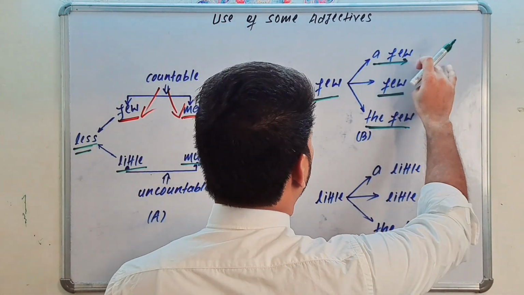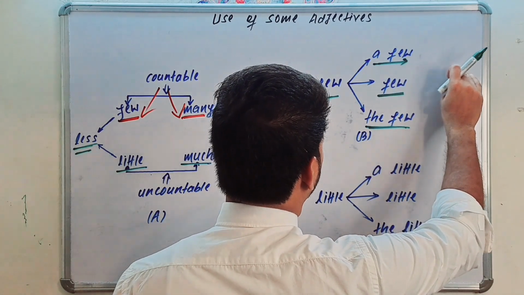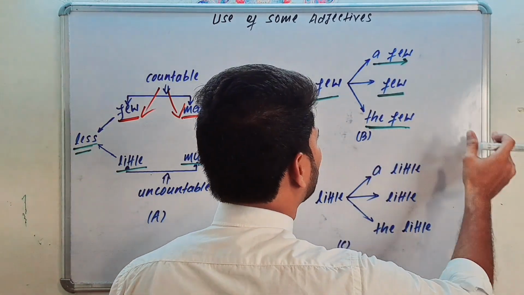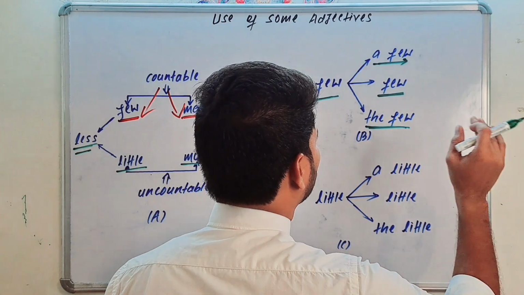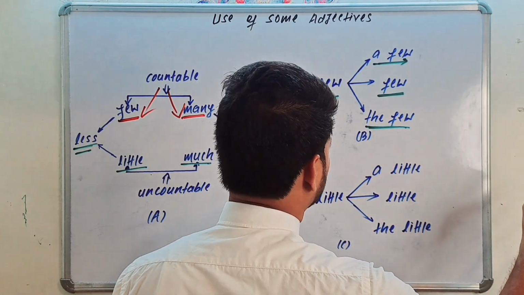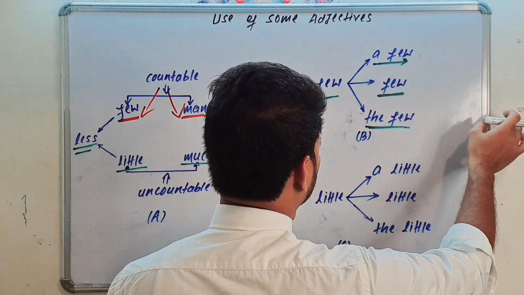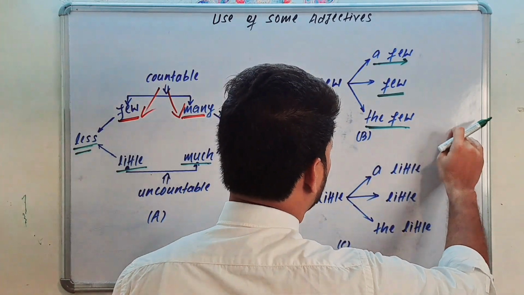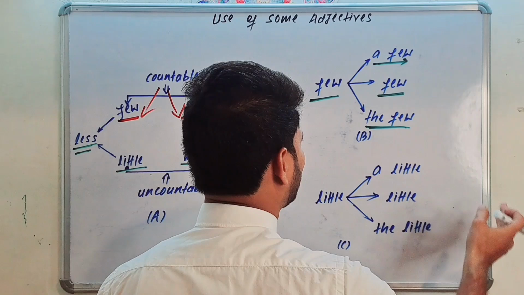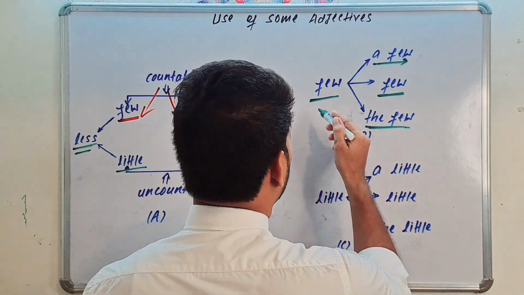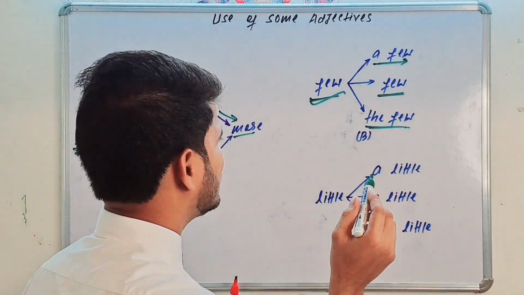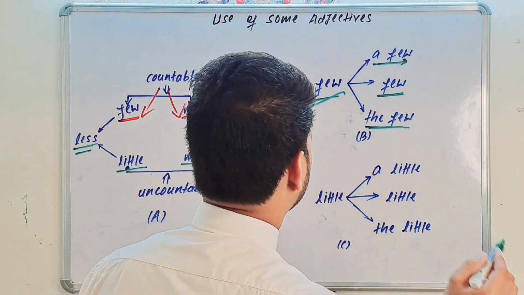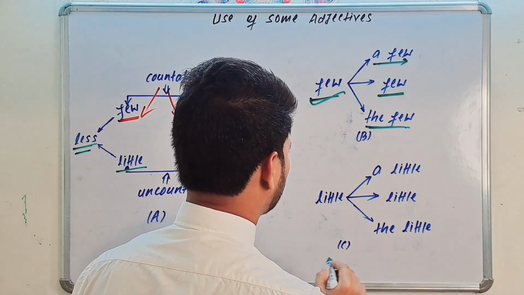I told you a few means less in number equal to something. Only few means very less in number, equal to nothing, none. And the few means less in number but fixed, that can be indicated. And I told you the use of few is only with countable, numeral adjectives.